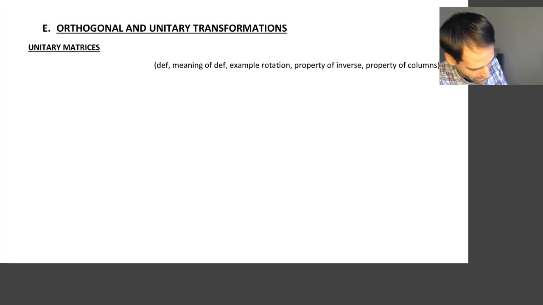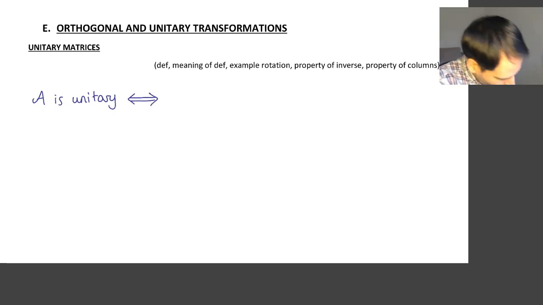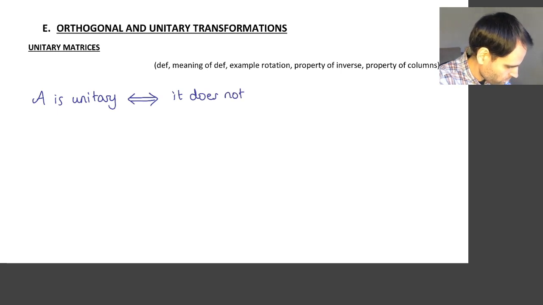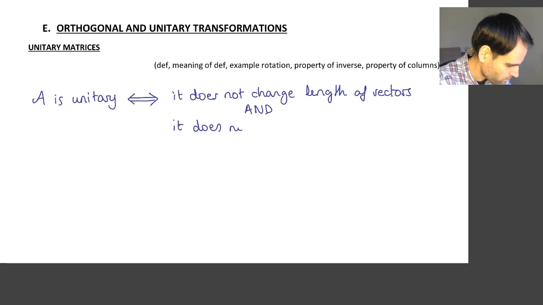A transformation A is unitary if and only if it does not change the length of vectors and it does not change angles between vectors.